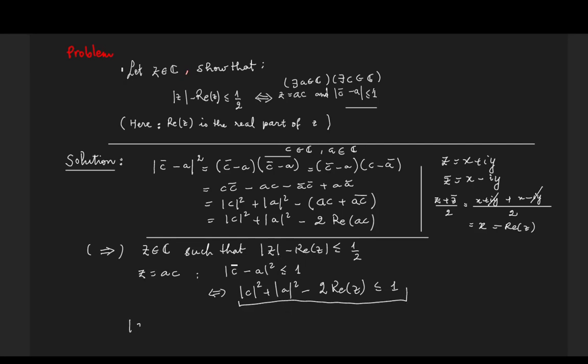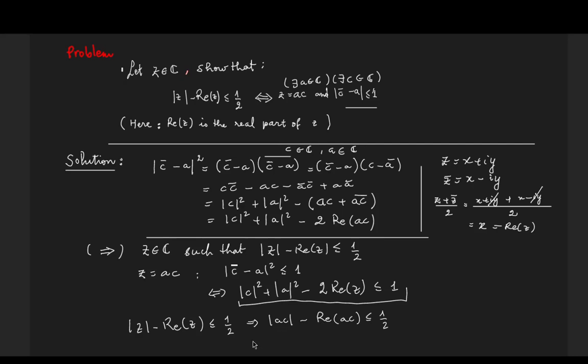But we have |z| - Re(z) ≤ 1/2, which applies if we replace z by ac. So we have |ac| - Re(ac) ≤ 1/2.